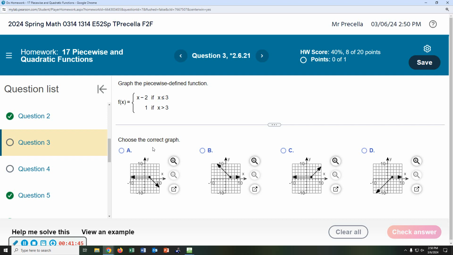F of x equals x minus 2 if x is less than or equal to 3, and 1 if x is greater than 3.